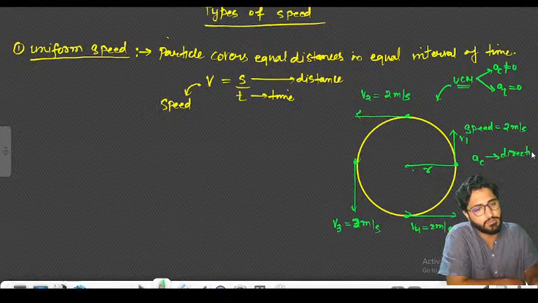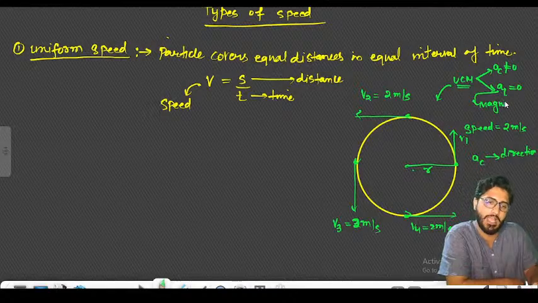AC is responsible for direction, and AT is responsible for magnitude. Done?